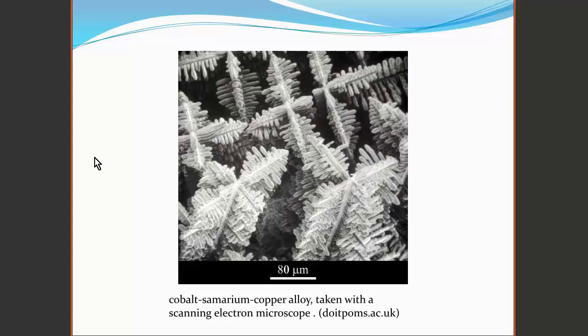Here is a stunning photograph taken under a scanning electron microscope of some actual dendrites that grew in a cobalt samarium copper alloy.